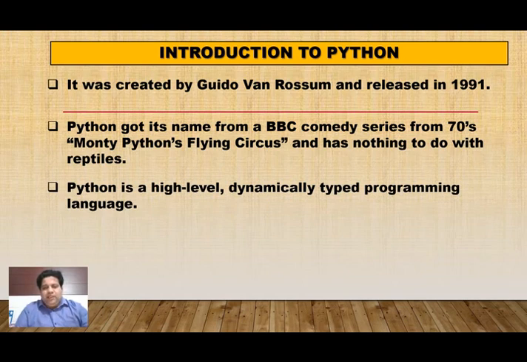What do you mean by dynamically typed? So for now on, you have to only keep in mind that Python is a high level language. So the first point was created by Guido van Rossum and released in the year 1991. It got its name from a BBC comedy series from 70s, Monty Python's Flying Circus, and it is a high level language.